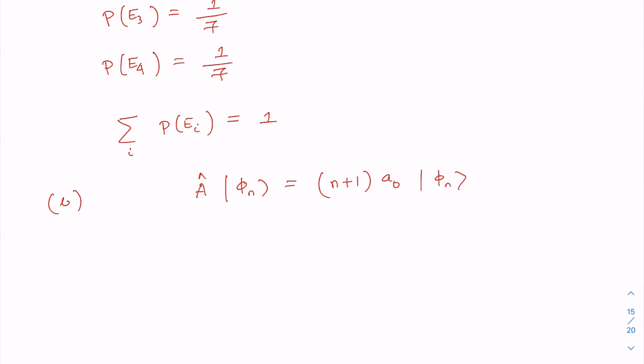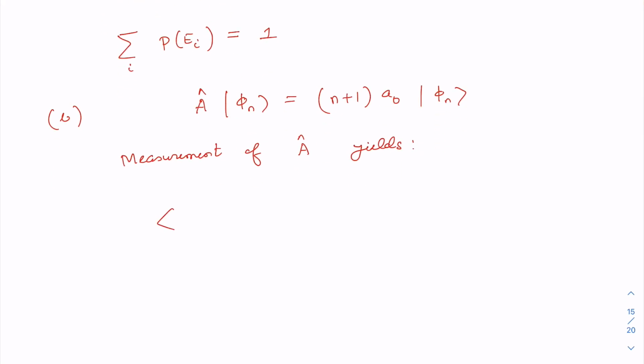So if a measurement of A is made, it is going to yield <phi n|A|phi n>, and as you can see, let me call this an, and an would be equal to (n plus 1) A0.